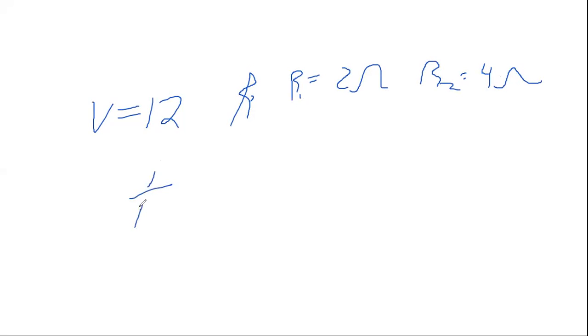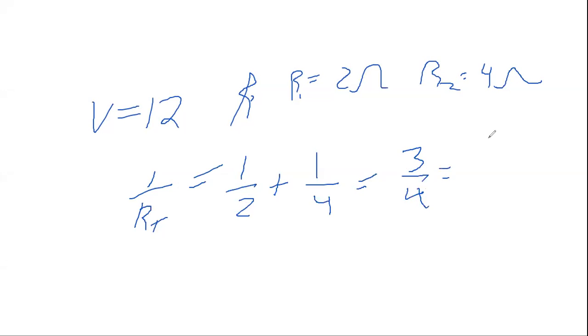So it'd be 1 over R total equals 1 over 2 plus 1 over 4. If you forget, you can't add these together as is. You have to find the least common denominator, which would be 4. 1 over 2 becomes 2 over 4. When you add them together, you get 3/4 equals 1 over RT.